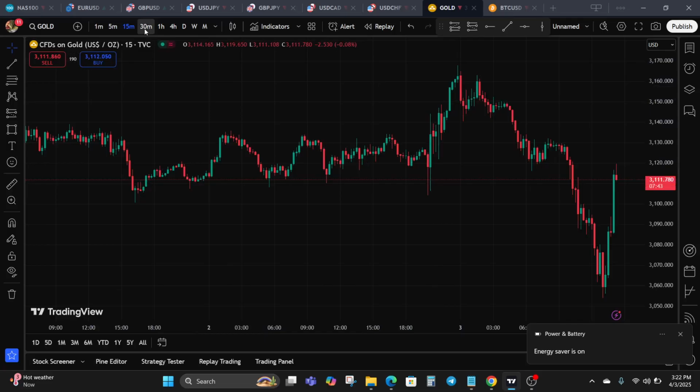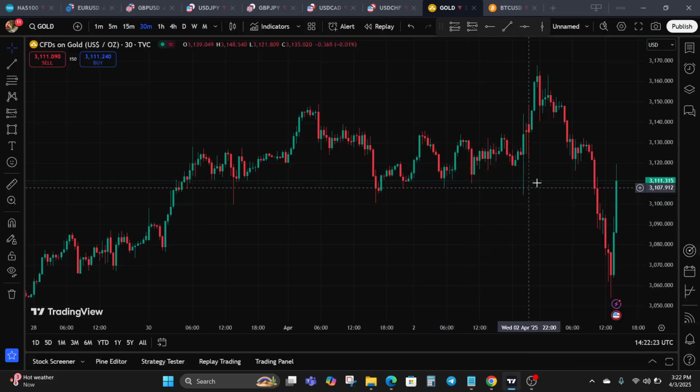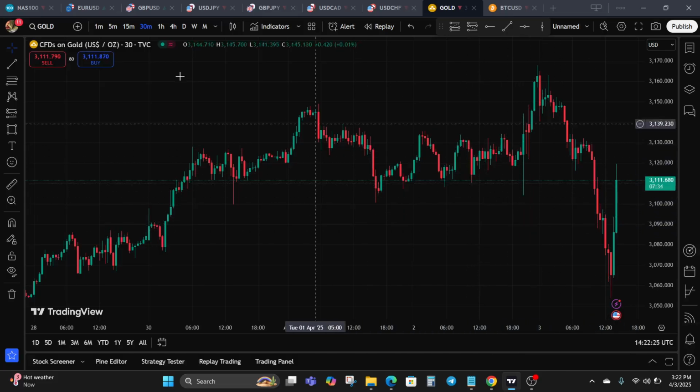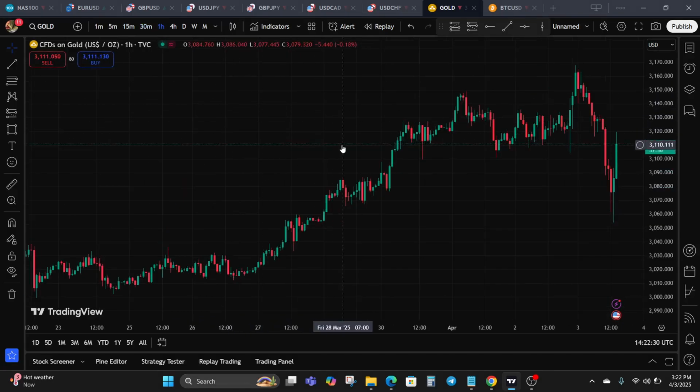The 30-minute chart helps you catch more substantial moves while avoiding excessive noise. Then the 1 hour chart is great for identifying stronger trends and confirming setups.